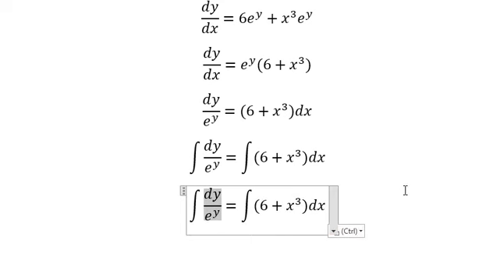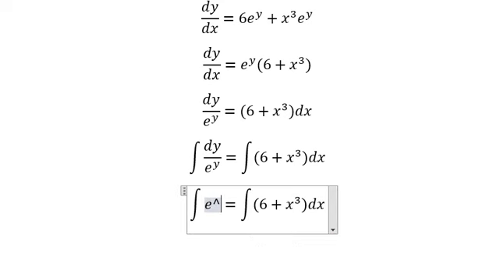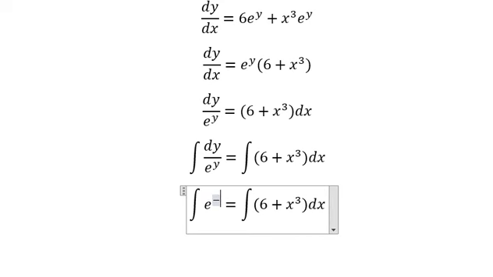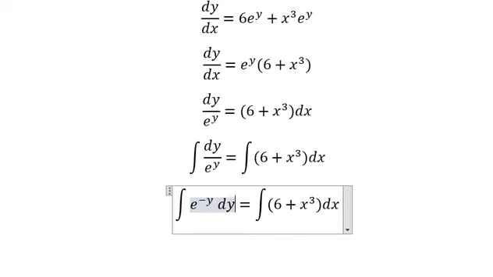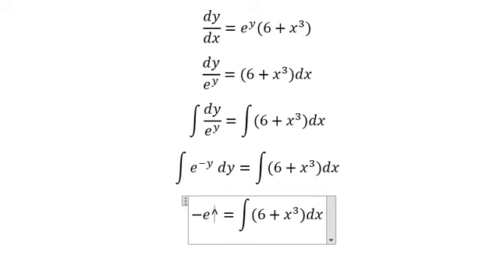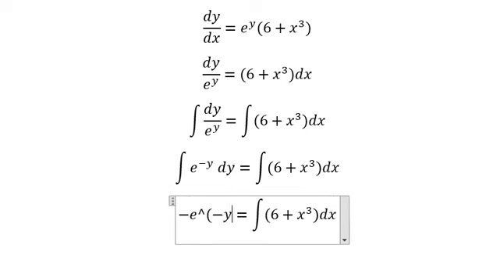So this one I will put e to the power of negative y. So the integration of this one, we have negative e to the power of negative y.